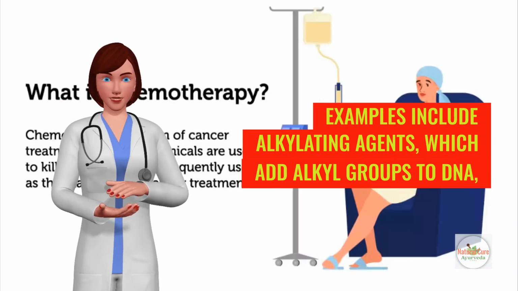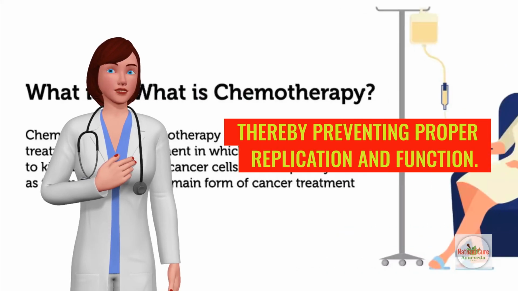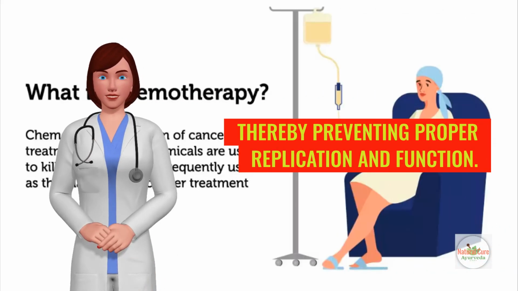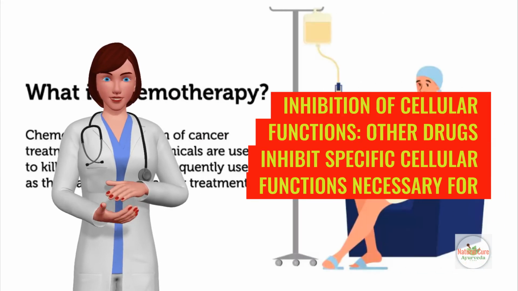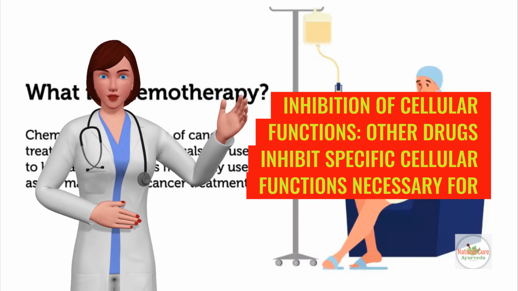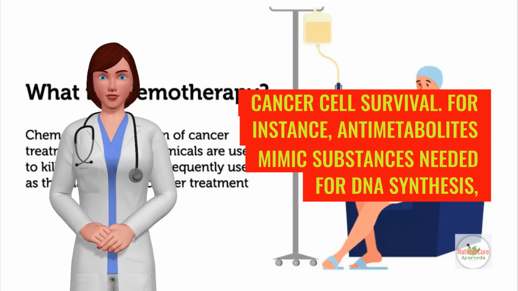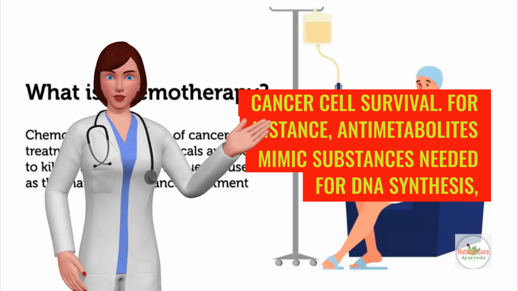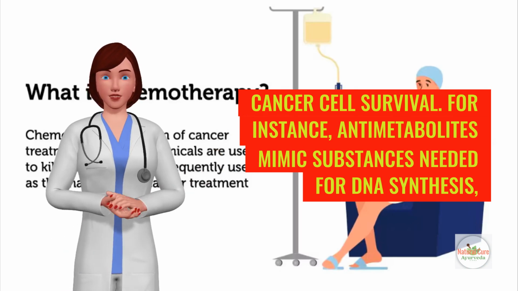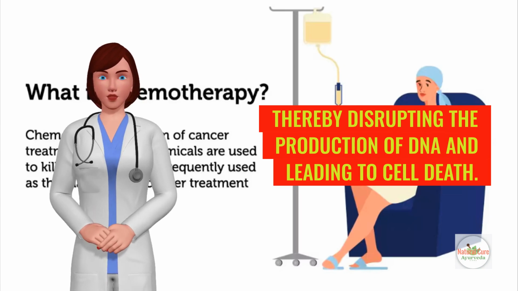Examples include alkylating agents, which add alkyl groups to DNA, thereby preventing proper replication and function. Inhibition of cellular functions. Other drugs inhibit specific cellular functions necessary for cancer cell survival. For instance, antimetabolites mimic substances needed for DNA synthesis, thereby disrupting the production of DNA and leading to cell death.